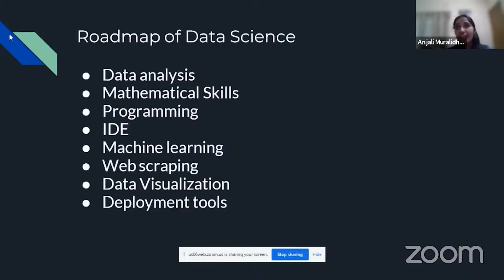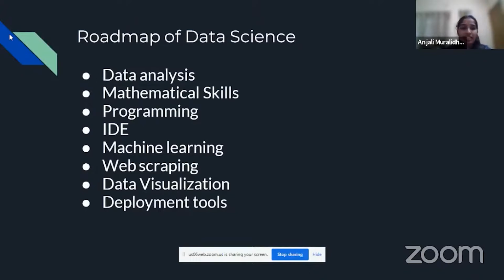So this is a roadmap which I followed in my journey towards being a data scientist. First, very importantly, your data analysis skills, and then your mathematical skills. Then programming languages: we have just 3 or 4 programming languages, which are pretty much simpler to learn compared to the other languages used by developers.